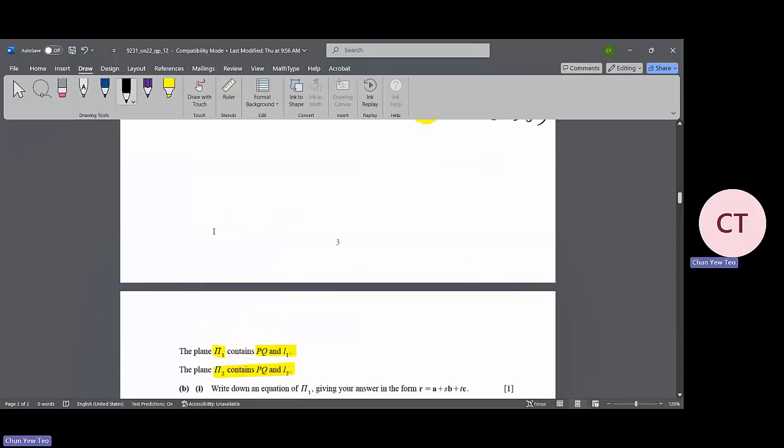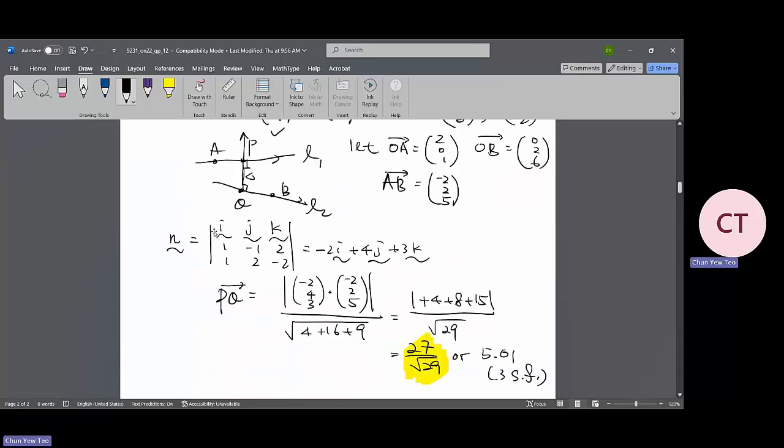So actually this one is parallel to PQ, so we can use it to represent the direction of PQ, which is negative 2i plus 4j plus 3k.